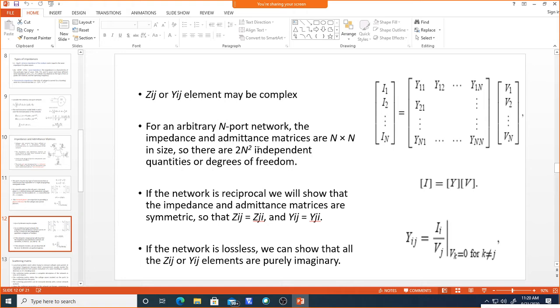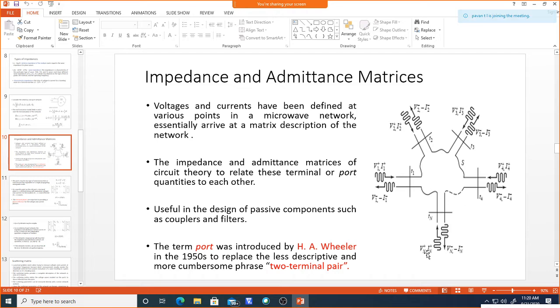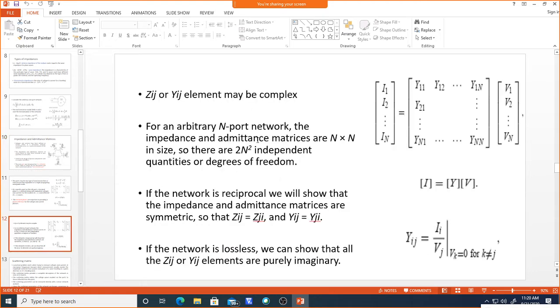Okay, so for example, if you take an n-port network, which we defined here, this is an n-port network starting from 1 to n. If I define an n-port network, then what are all the quantities which are available? That is 2n square.